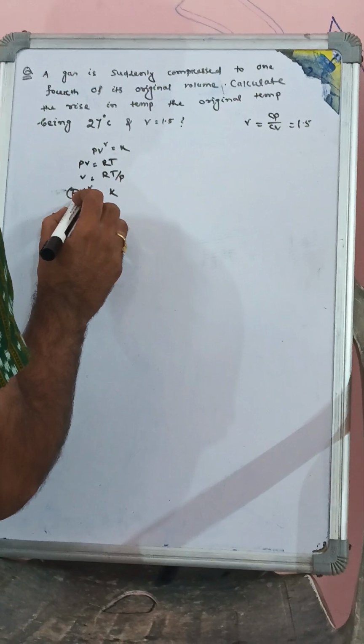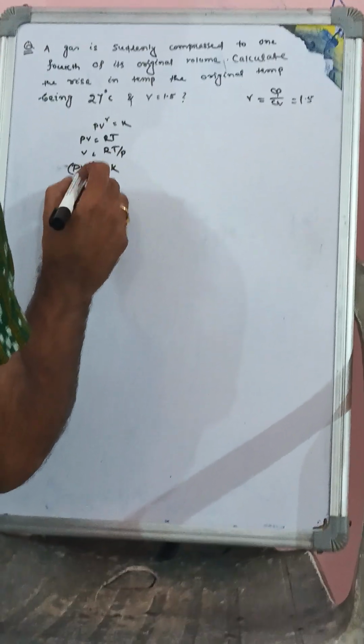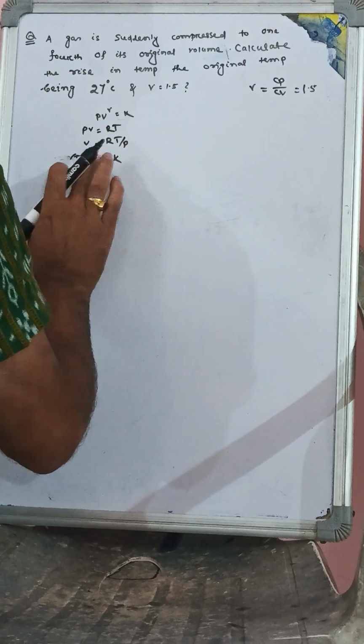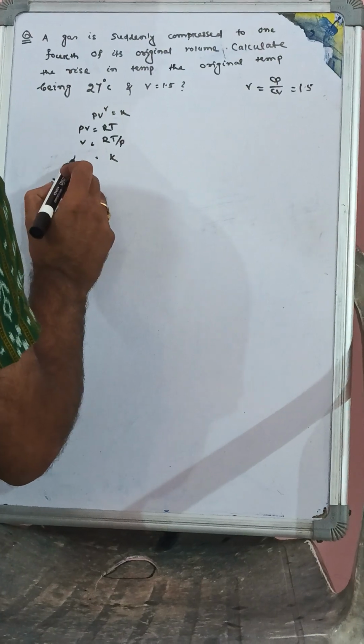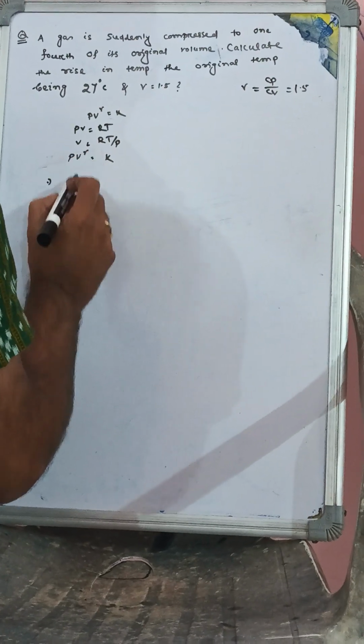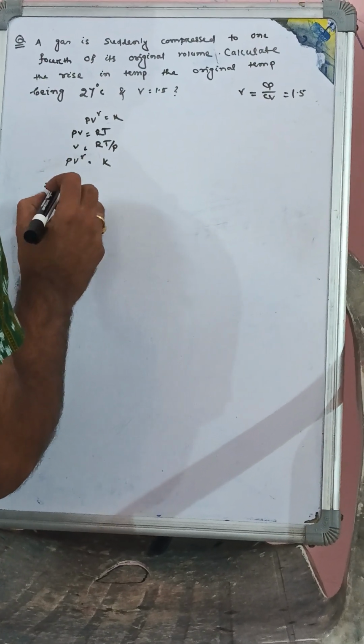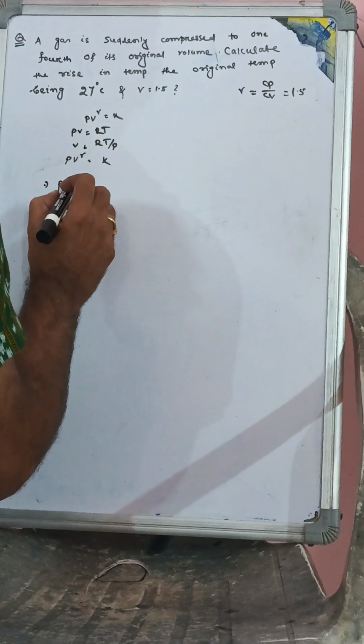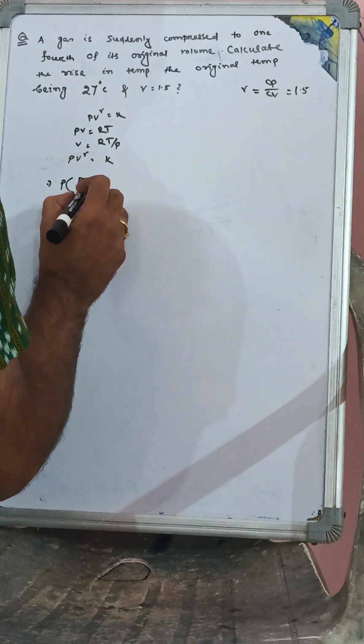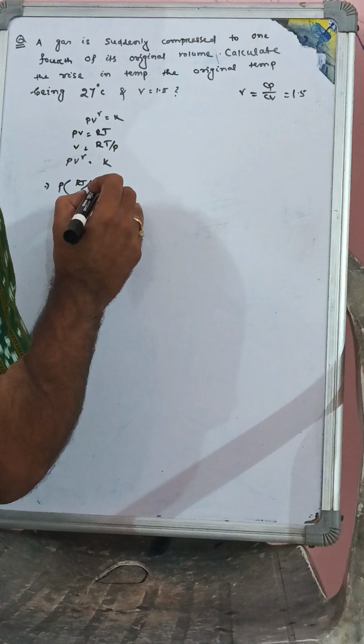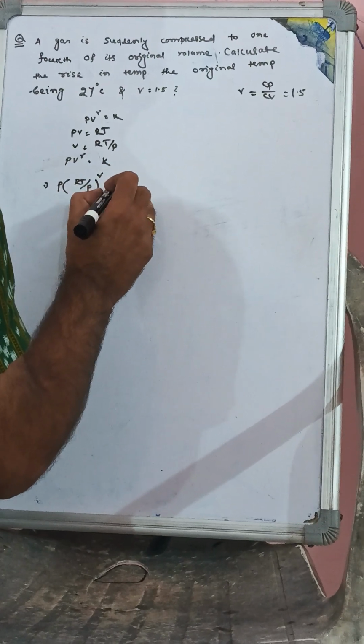So we put the value of V, RT by P, in this.